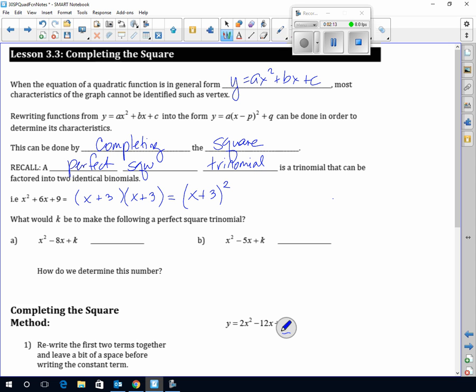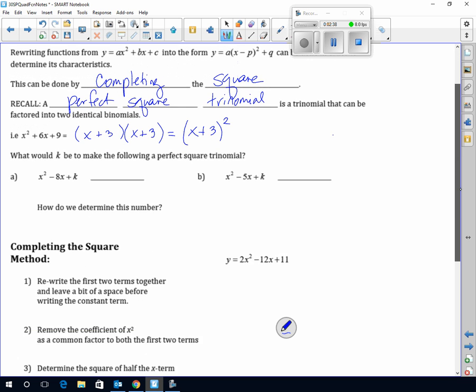If you can see that the square root of 9 and this is double that, that's the perfect square trinomial, right? And it automatically goes into that. So let's see if you can figure out what k would have to be in order for this to be a perfect square trinomial.